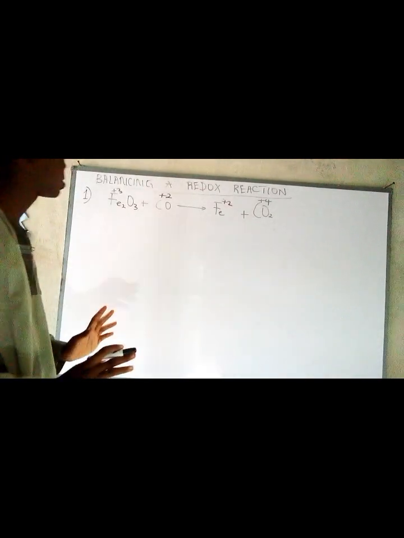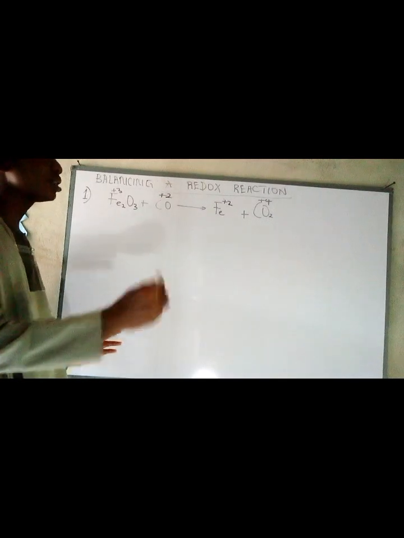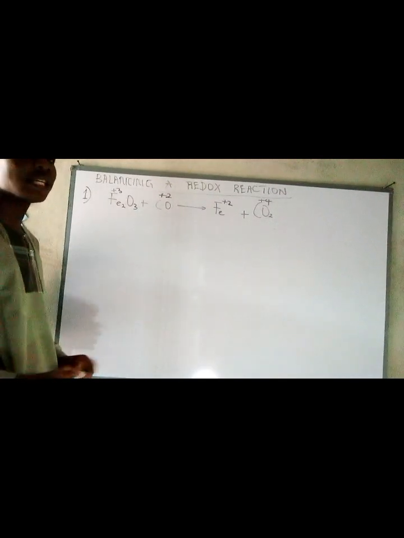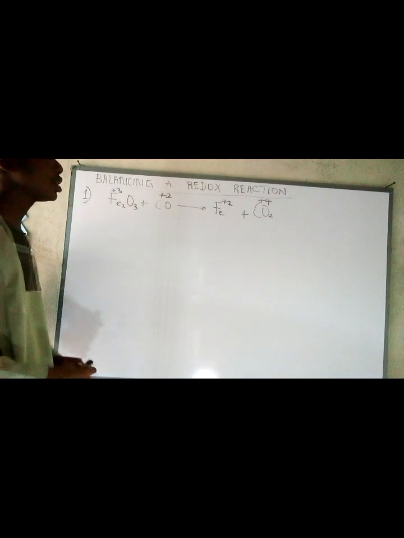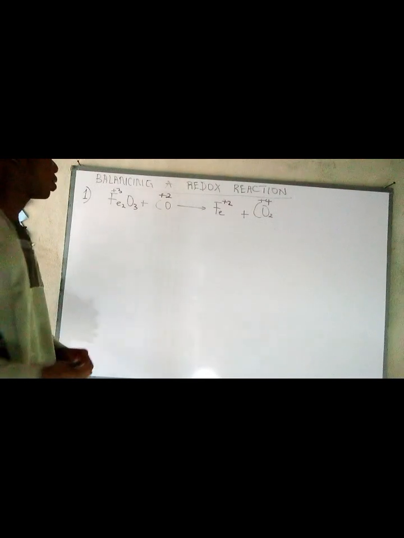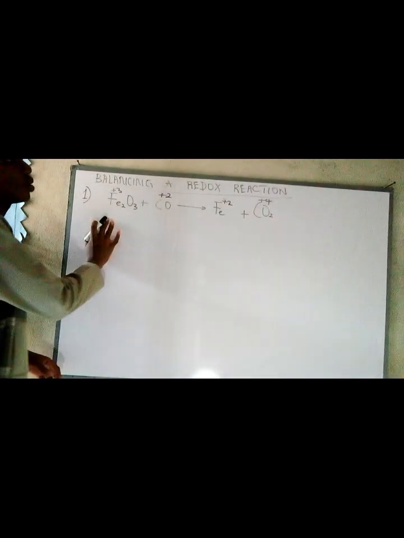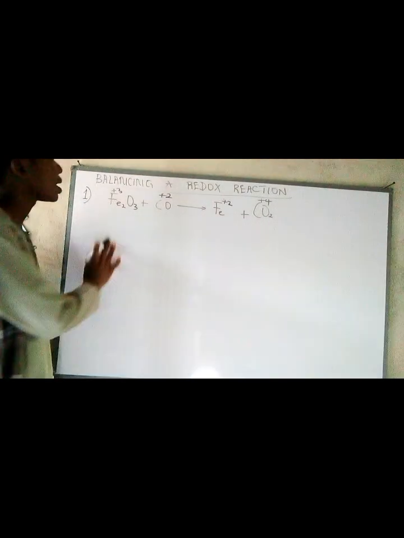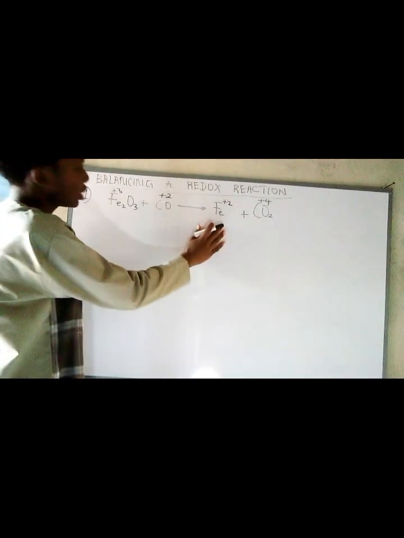From the look of things, an increase in the oxidation number is what? Oxidation reaction. And a decrease in oxidation number is what? Reduction reaction. So from this, what can we deduce? We can deduce that iron decreases in oxidation number, which means this is the reduction reaction.